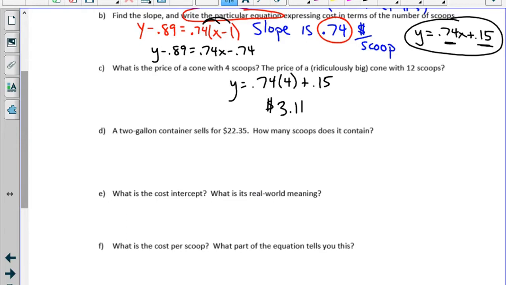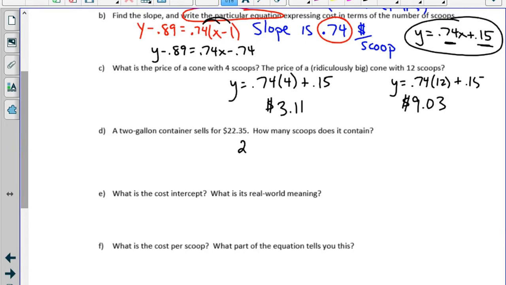And then if I did the same thing with 12 scoops, I end up with $9.03. So that would be the price there.